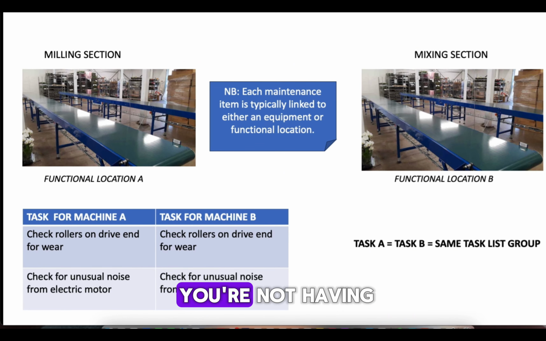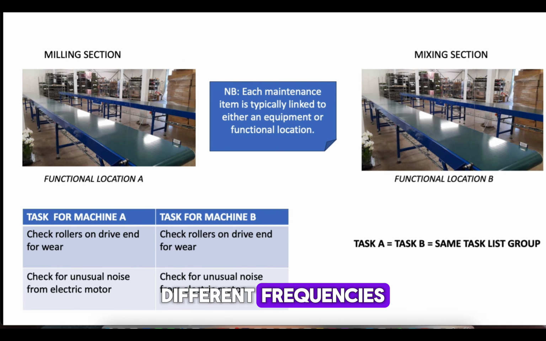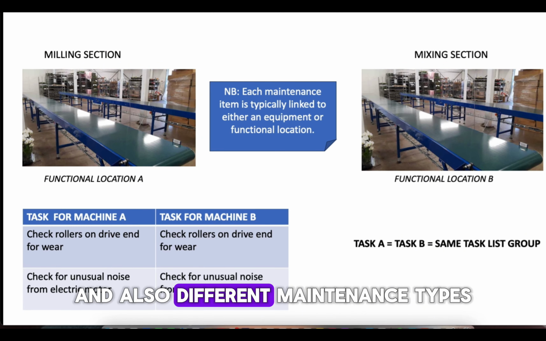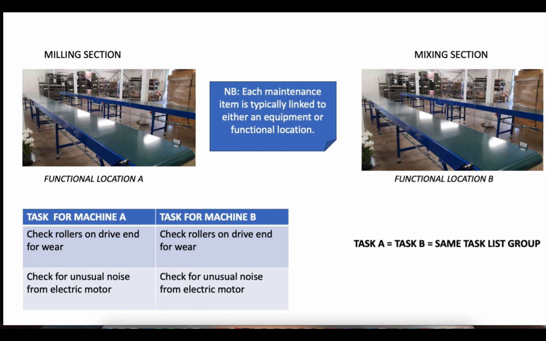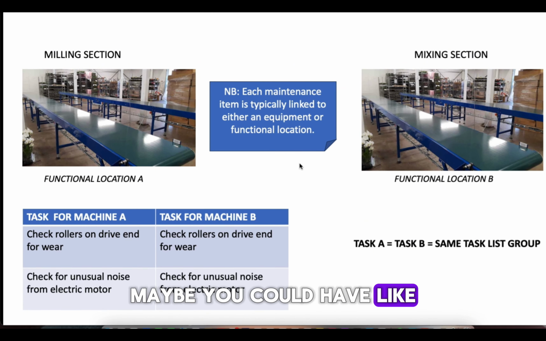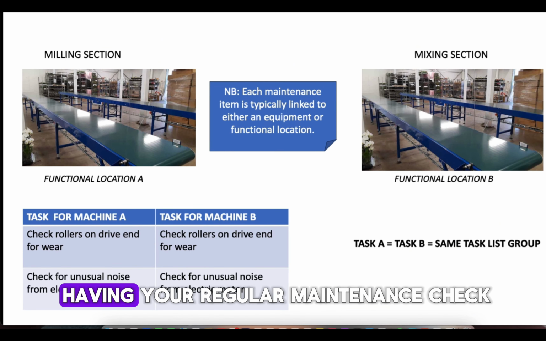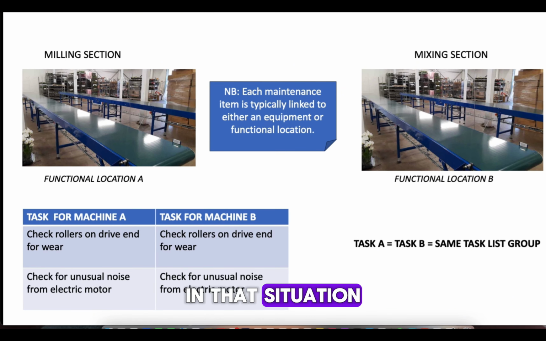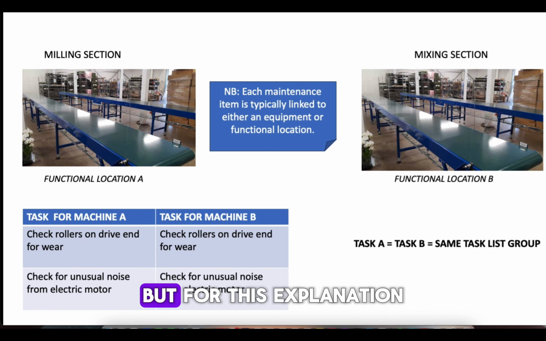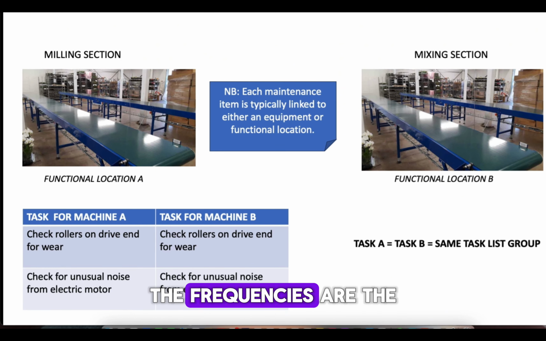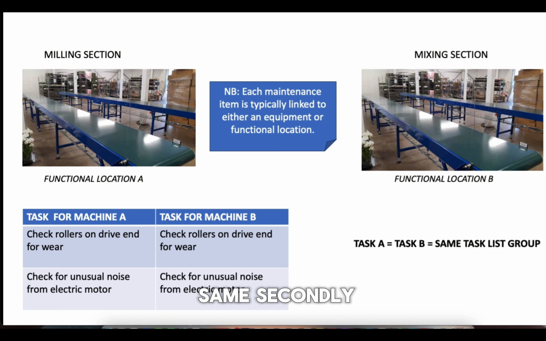In situations where you're having different frequencies and also different maintenance types, maybe you could have condition-based maintenance and then you're also having your regular maintenance check, in that situation we begin to look at the strategy. But for this explanation, you have to make sure that the frequencies are the same.